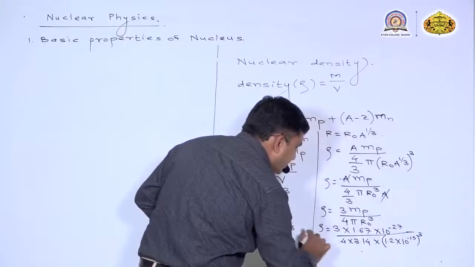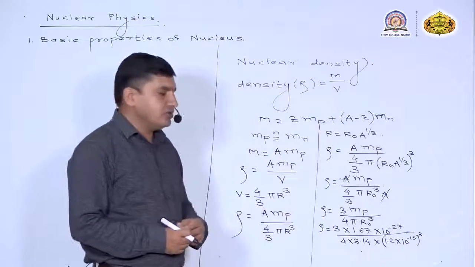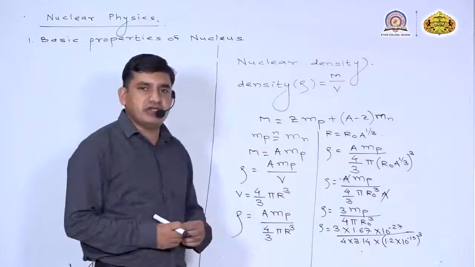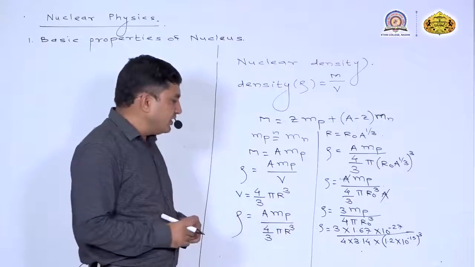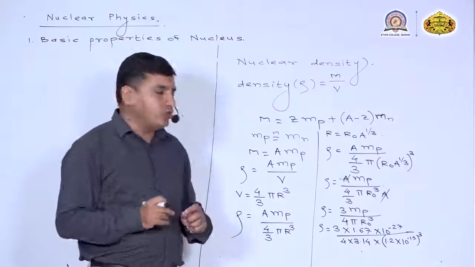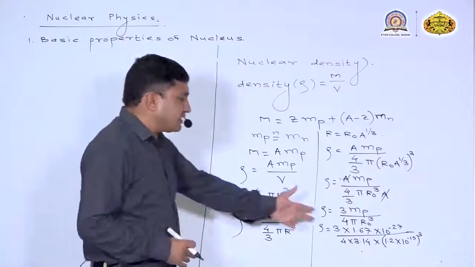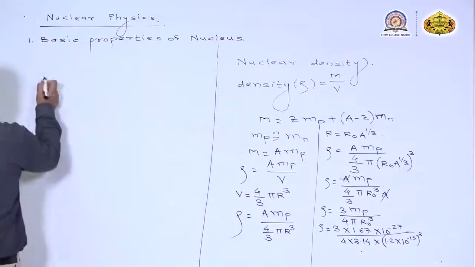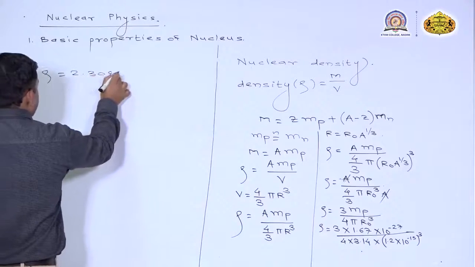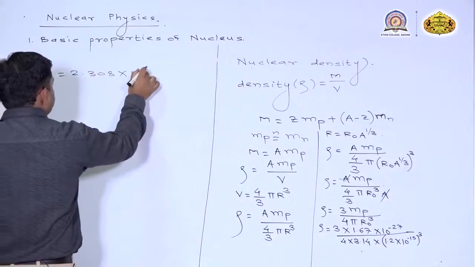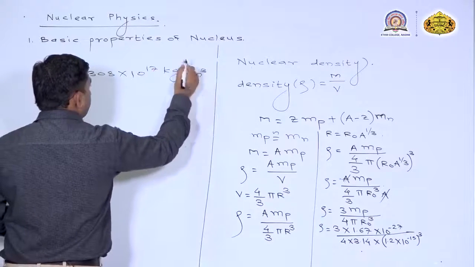When we calculate this, we get the density of a nucleus is 2.308 into 10 raised to 17 kg per meter cube.